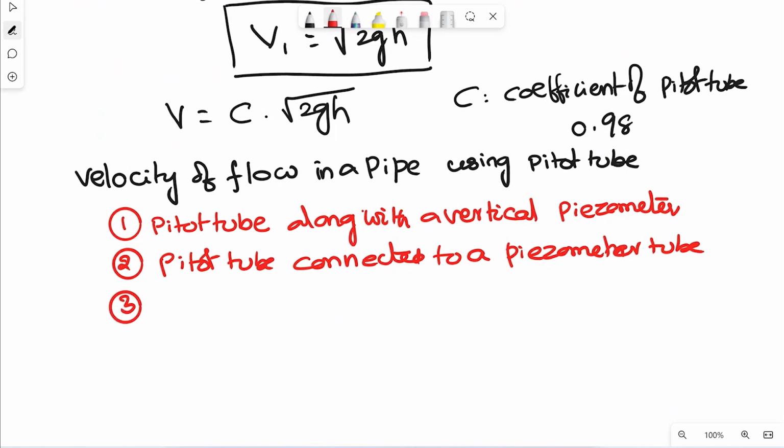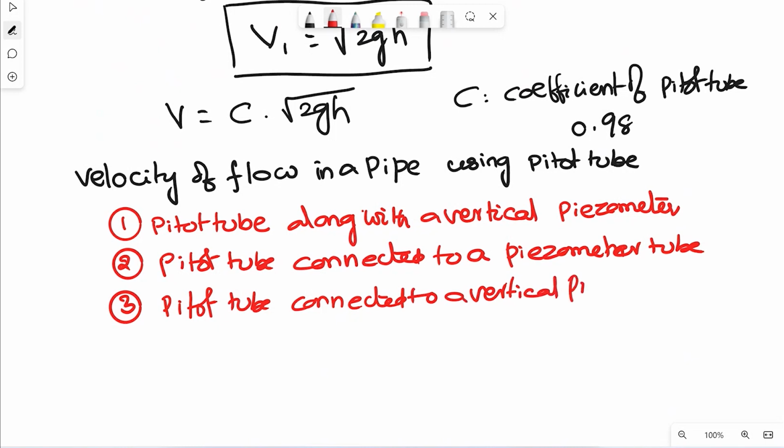The third one is a pitot tube connected by a U tube differential manometer.